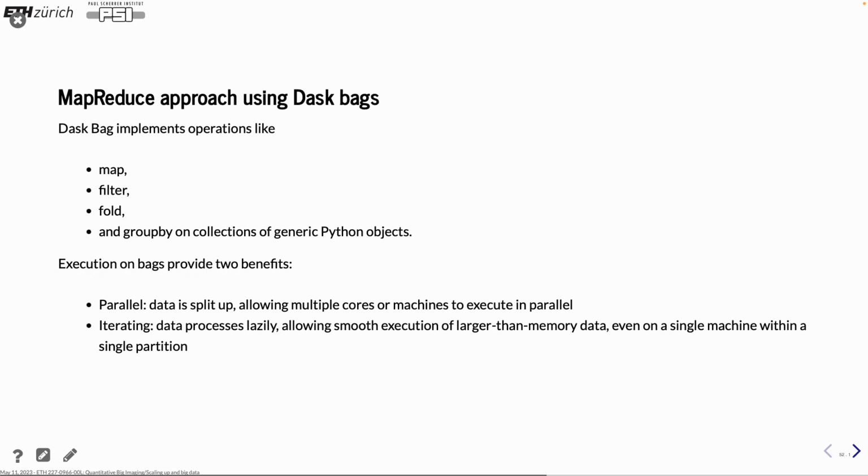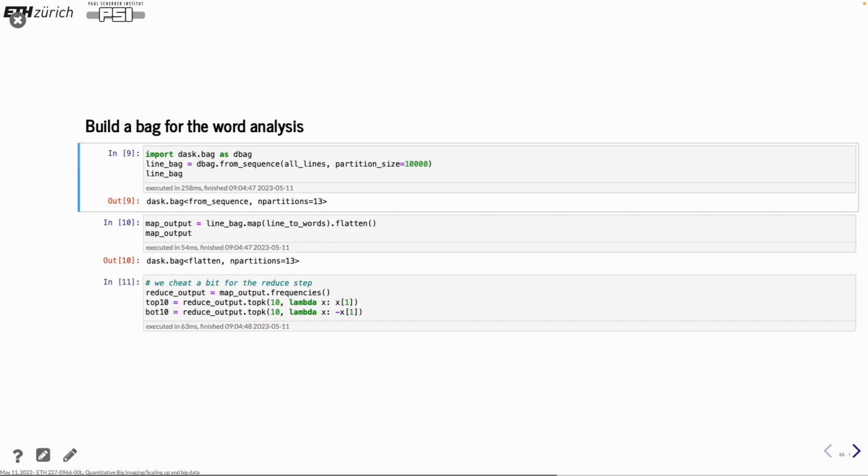It can be iterating with lazy evaluation. It can also allow larger than memory data in the operation. And it can be done on a single machine or distributed. So it's really a multi-purpose tool, these Dask bags.